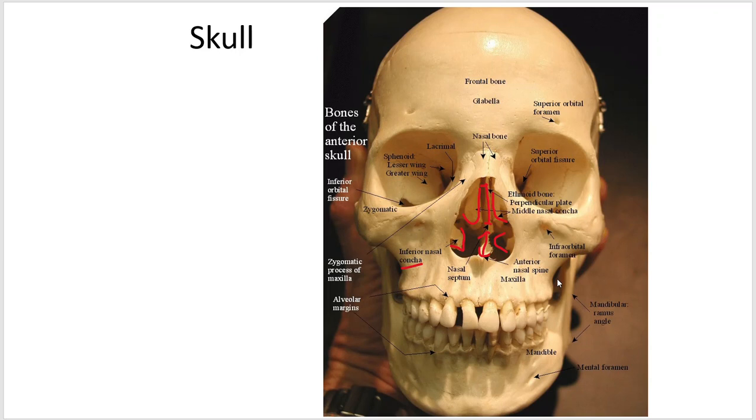These guys up here, let's see if I can find it on your list. Yeah, they're over here where the ethmoid bone is. These guys are called the middle nasal conchae.